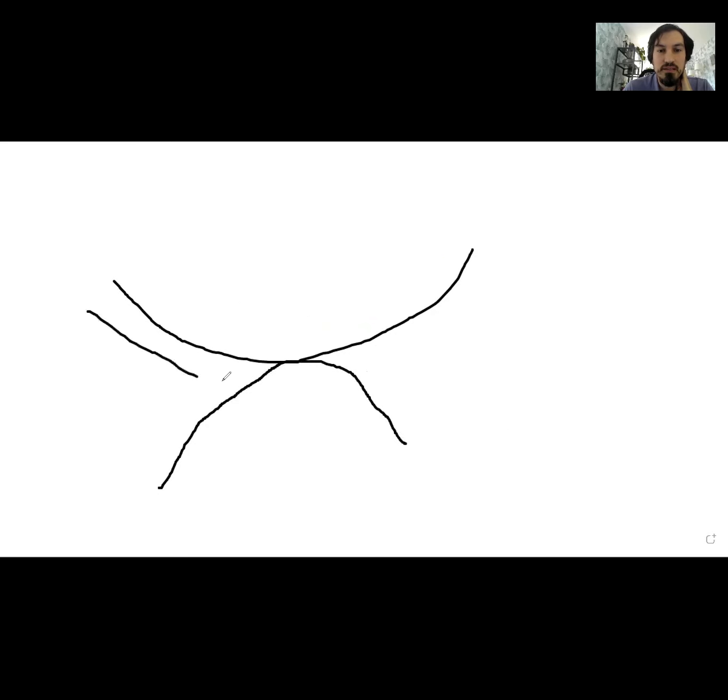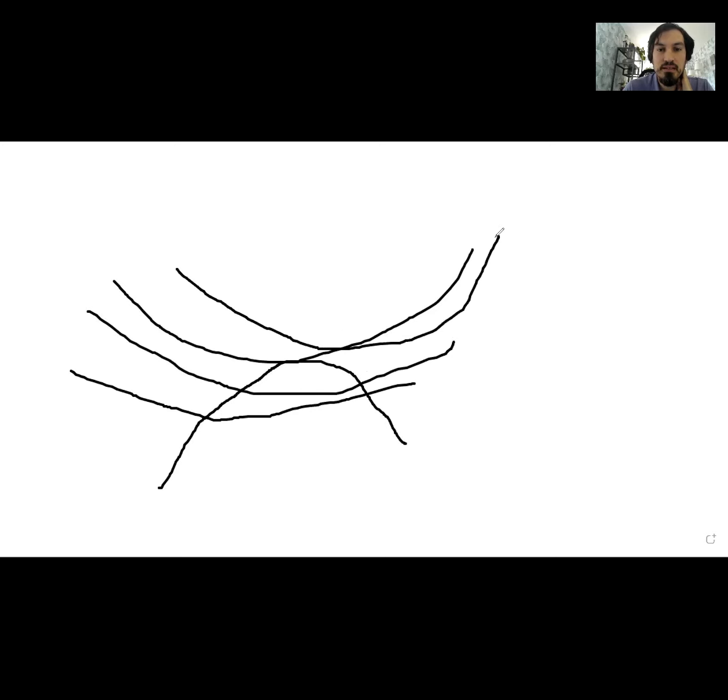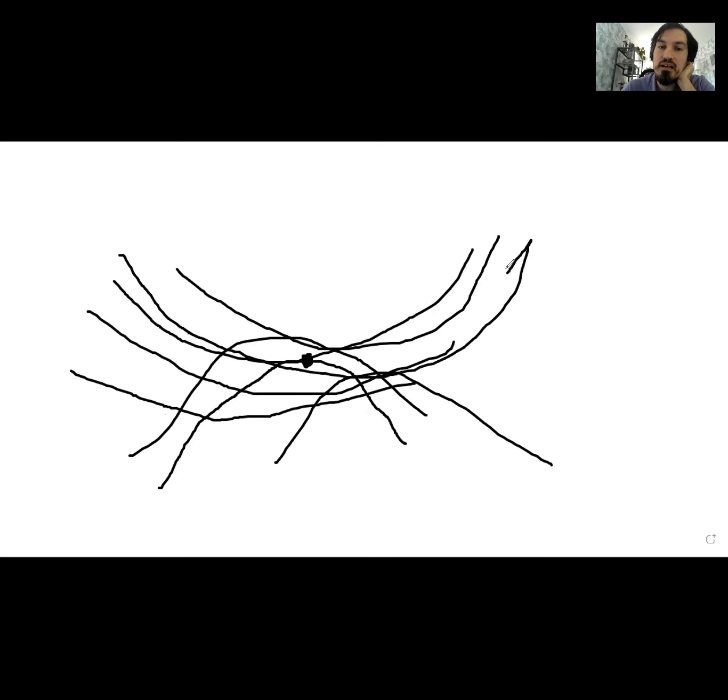So it's three dimensions. There's a point here where it looks convex in this dimension, but if you looked the other way, it would look concave. That's called a saddle point.